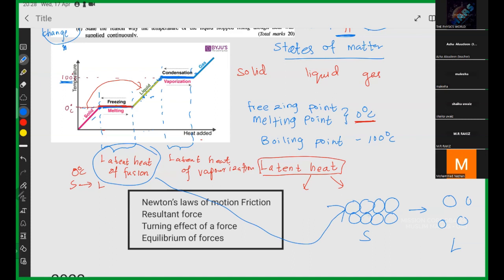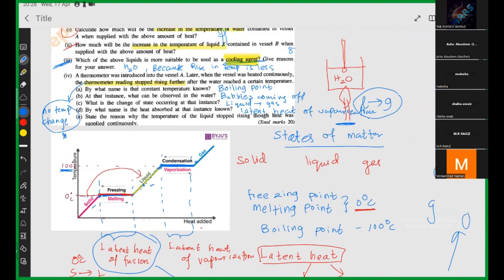They would break the bond in the solid and let the atoms be free. Similarly, when you consider the gas, even more space would be there. So latent heat of vaporization is used to break the bond between the liquid particles.